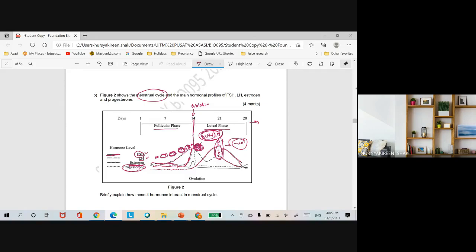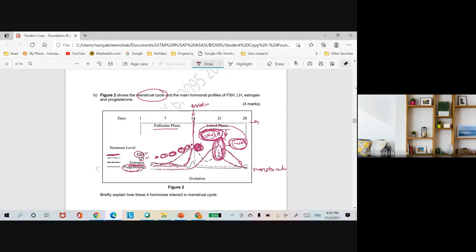Sebab apa? Due to the negative feedback caused by the high secretion of estrogen and progesterone itself, that cause secretion of FSH dengan LH to be lowered. Okay? So kat sini kalau tak berlaku implantation of embryo, kan, blastocyst, so dia akan jadi menstruation lah, period, darah period. Okay, darah period, menstruation.